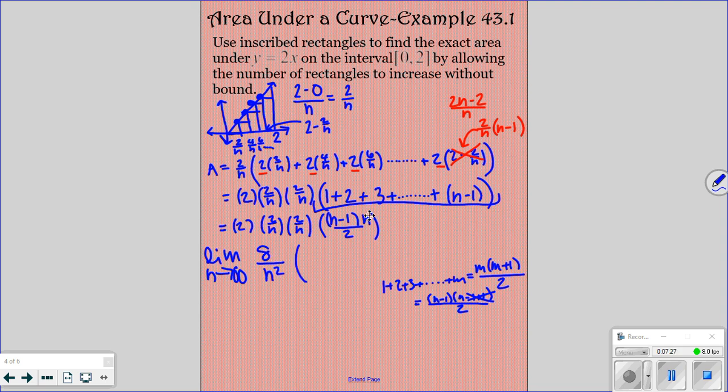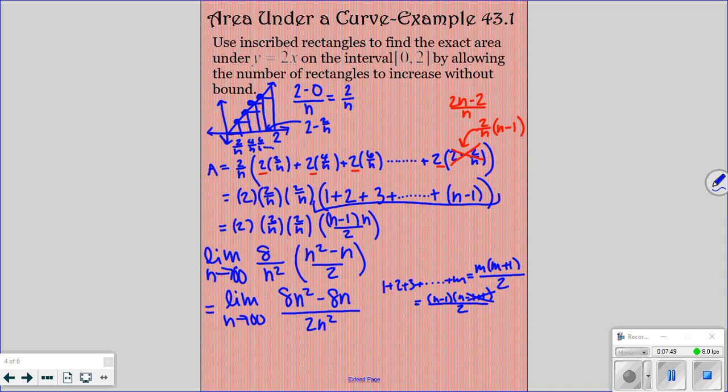And then if I distribute, I have n squared minus n over 2. So then I can distribute again. So the limit as n approaches infinity, 8n squared minus 8n over 2n squared.